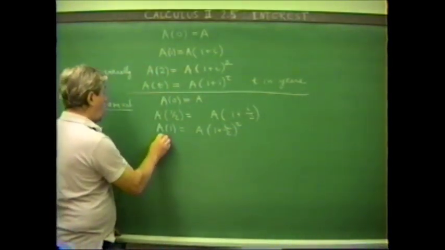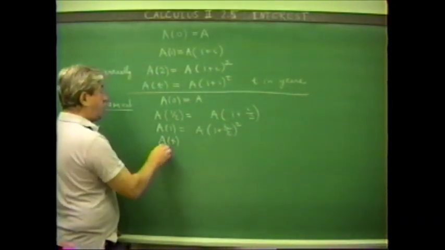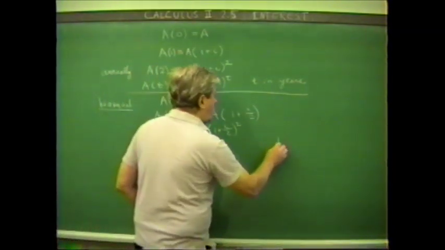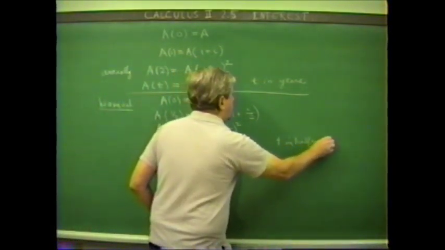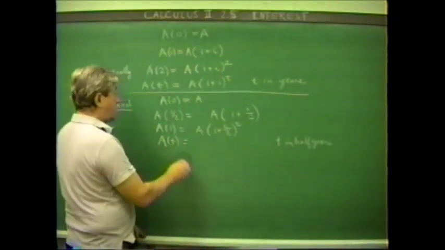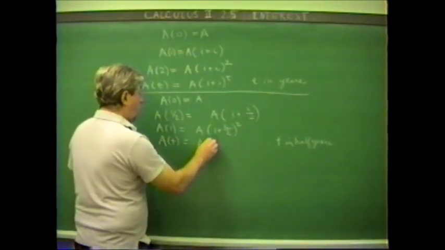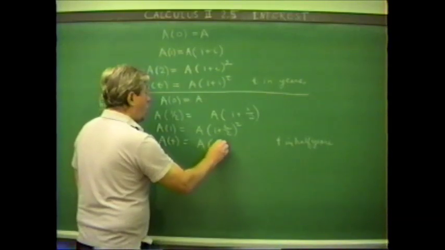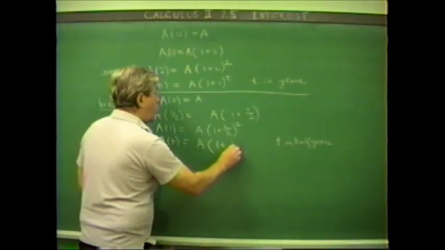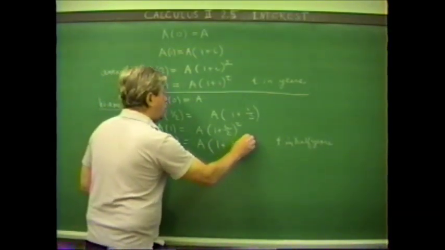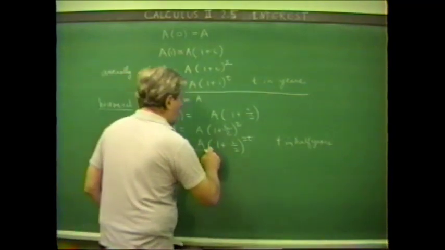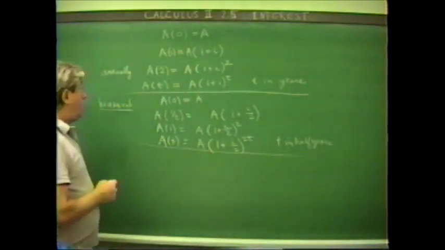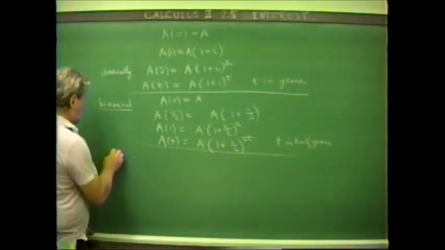And in general, A at any time t, where t is in half years, is going to be equal to A times (1 plus i over 2) to the 2t power. So this is biannual.